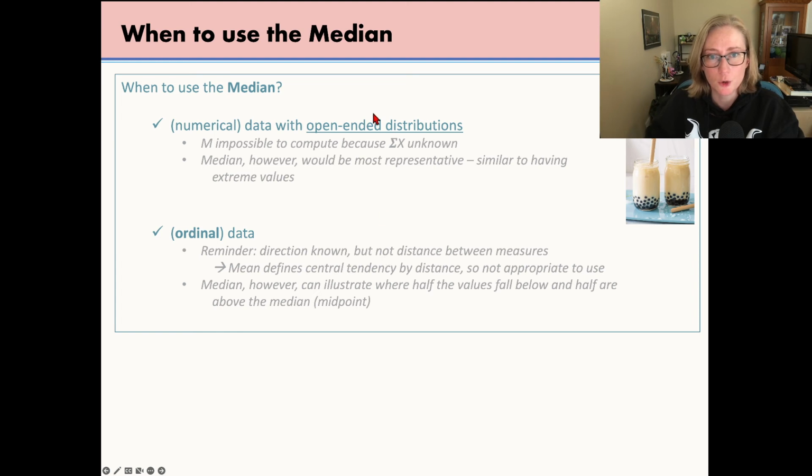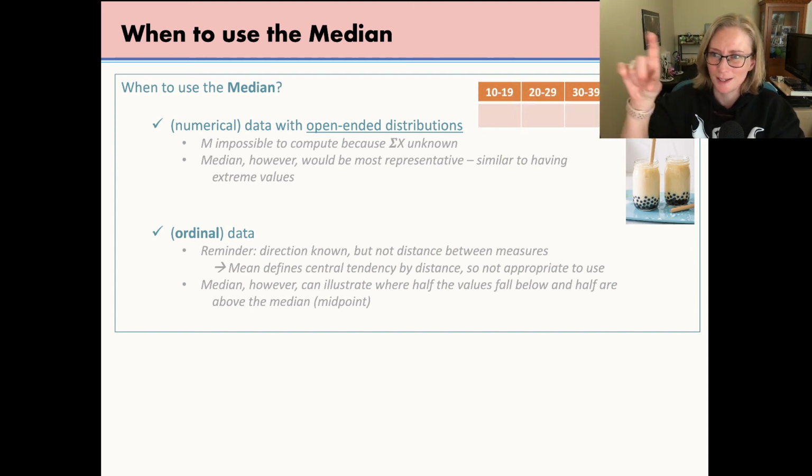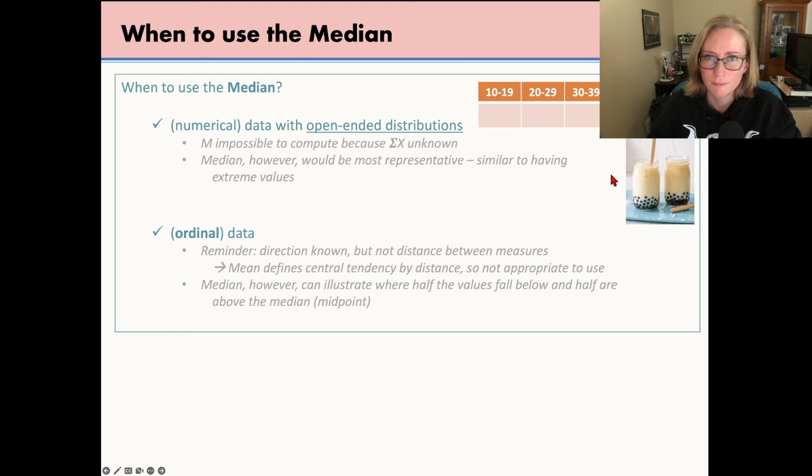A third one is open-ended distributions. If you remember with the Boba experiment, this might end up getting covered up by my little image of myself talking through the slides, I had one category that said above 50. Above 50 could mean 51, it could mean 100.